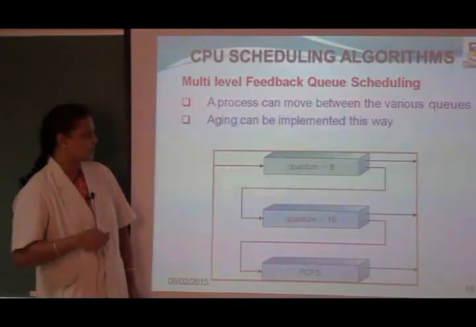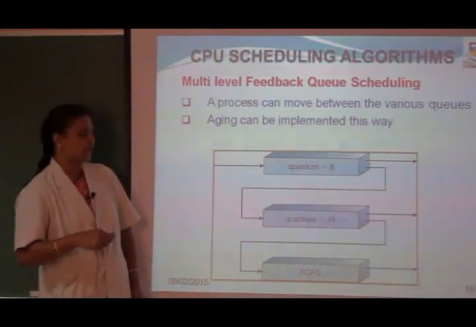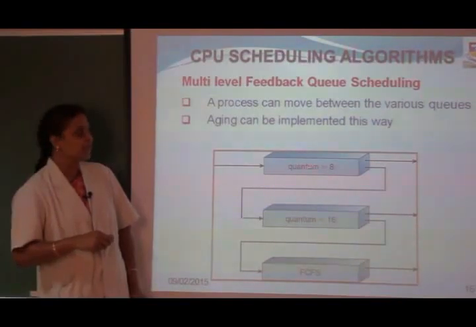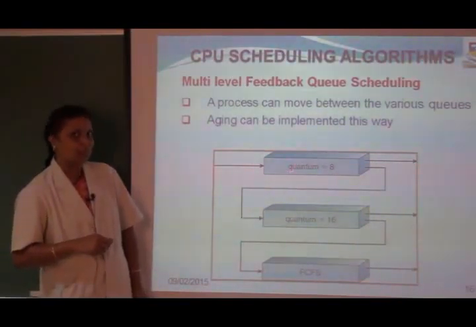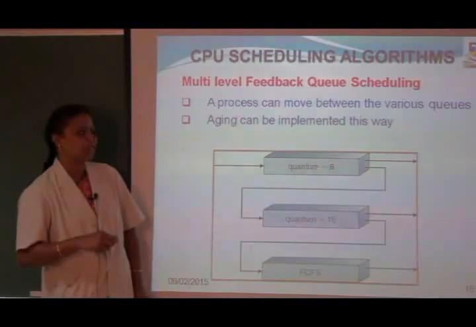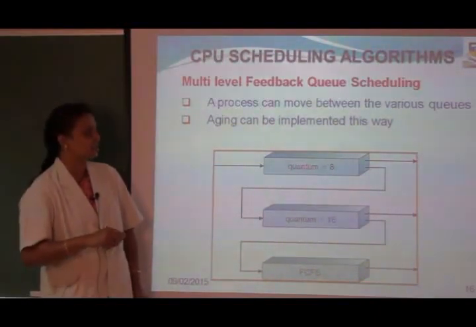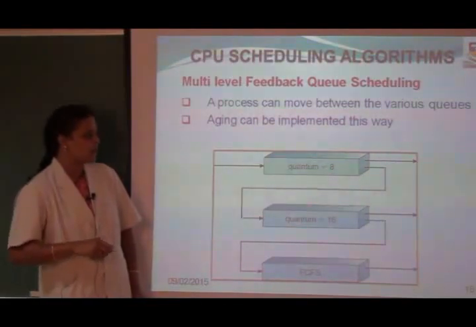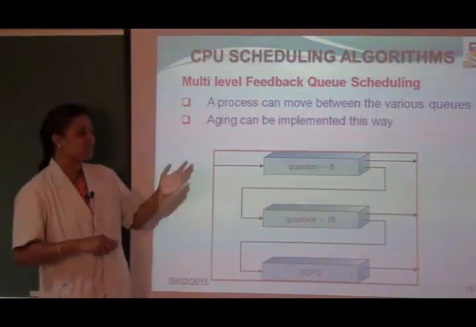So all the processes arrive at the topmost queue, and all the processes are taken one by one by the CPU, and they will be executed only for 8 milliseconds. If a particular process is not completed within that 8 milliseconds, then that process is removed from this queue and moved to its lower level queue. That is, its priority is decreased.